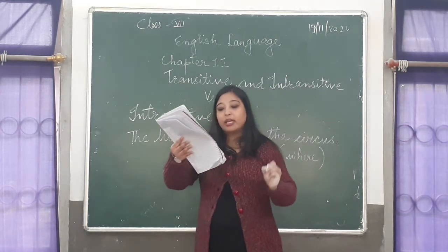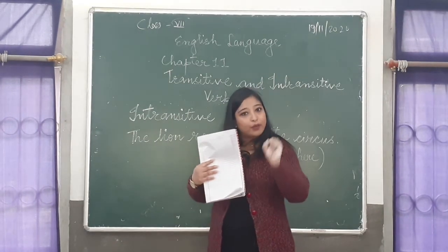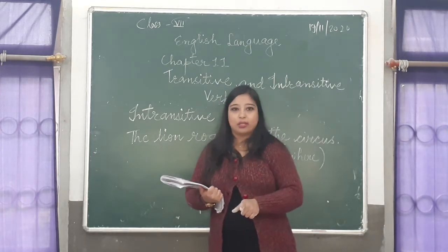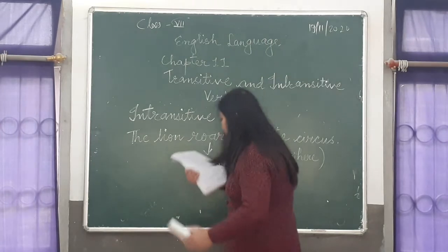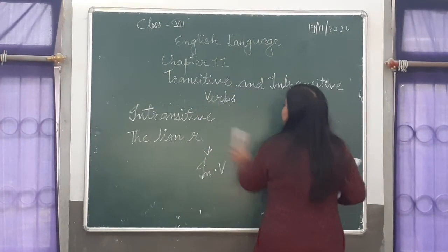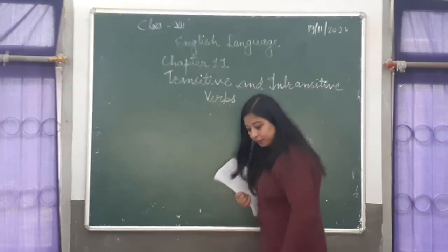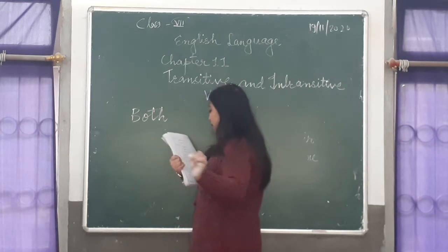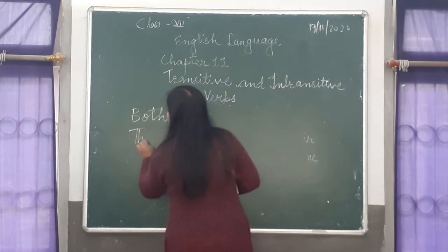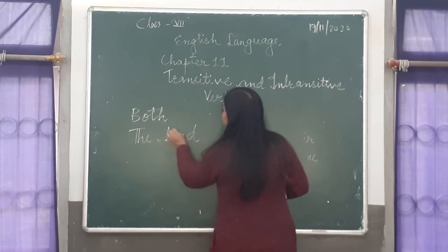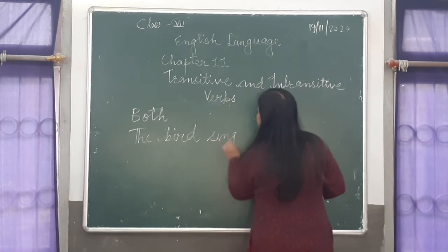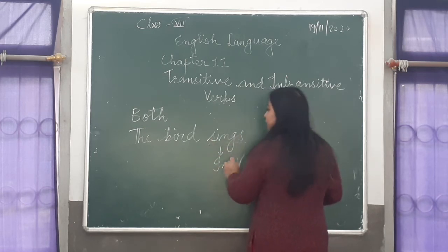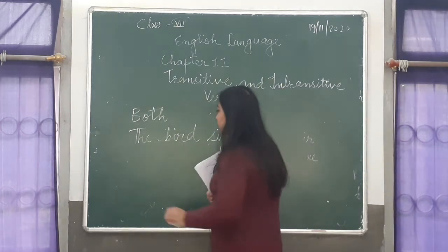Okay, and there are a few verbs which can be used both transitively and intransitively. Okay, now I will give you a few examples for both. Now look at this sentence. The bird sings. You all can understand that the bird is singing. This is an intransitive verb over here. Now see another example.